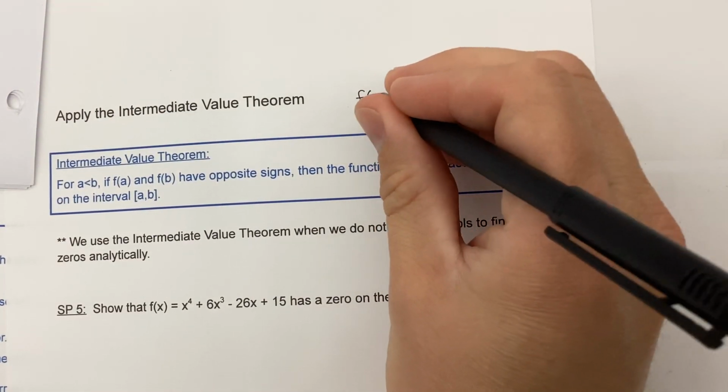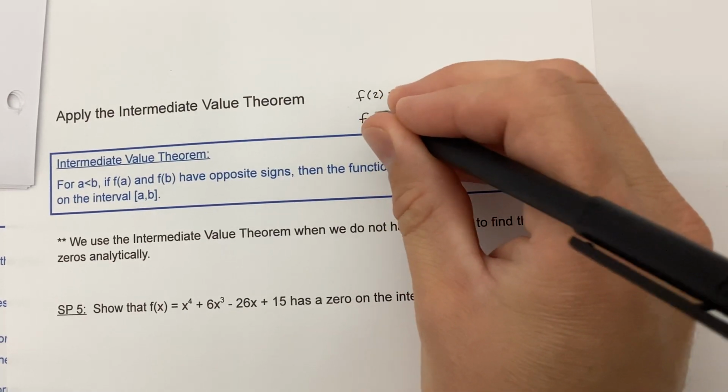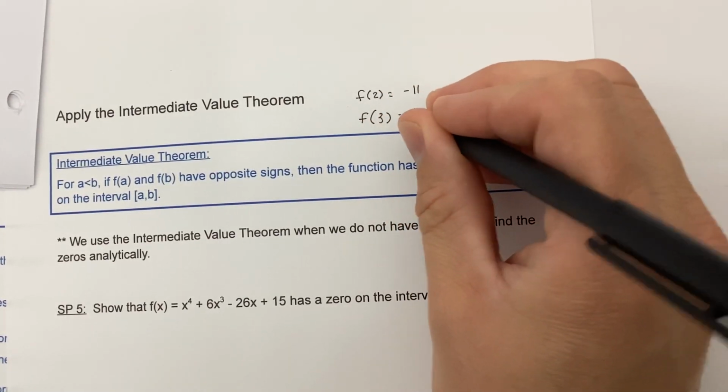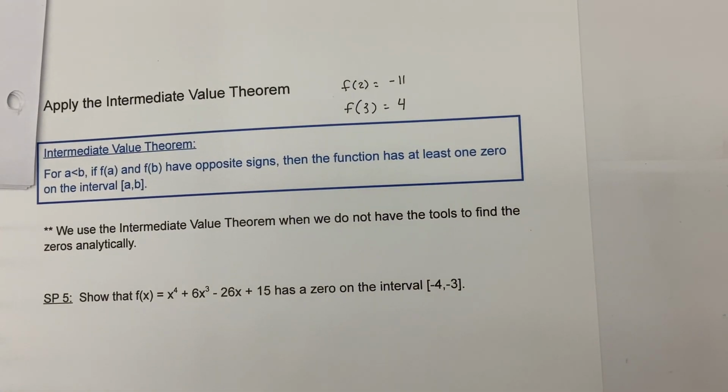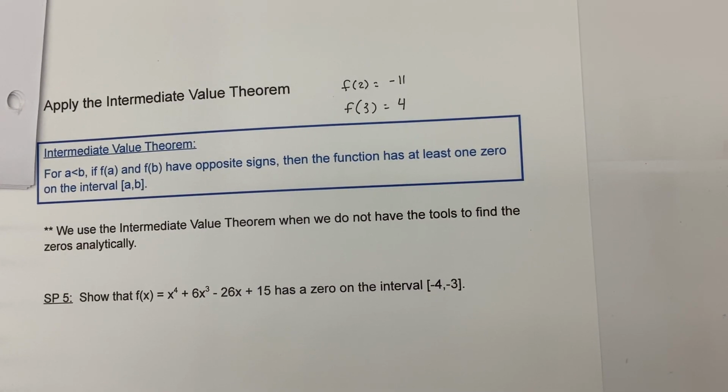Let's say f of 2 equals negative 11, but f of 3 equals 4. If the graph is continuous, with no holes or jumps, what does that mean? What can we guarantee?